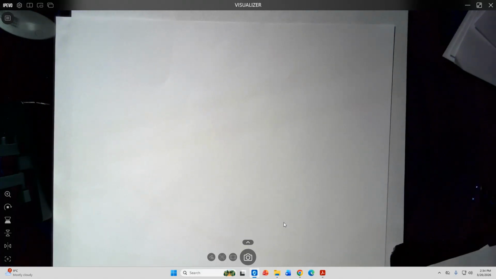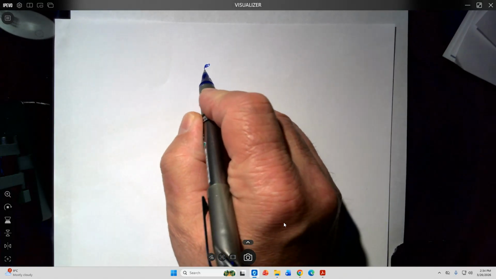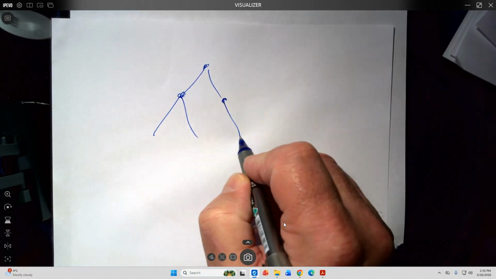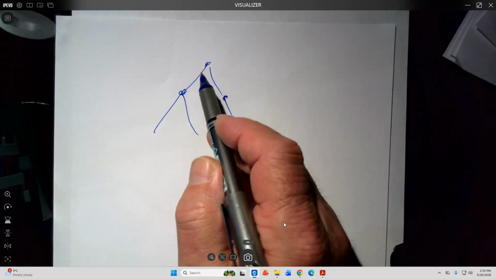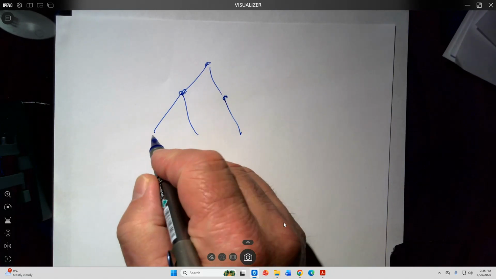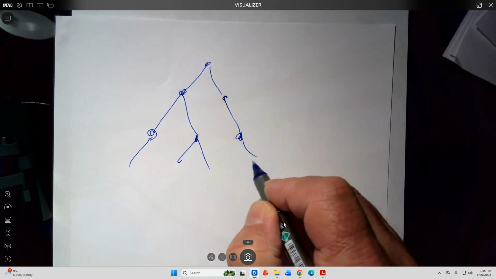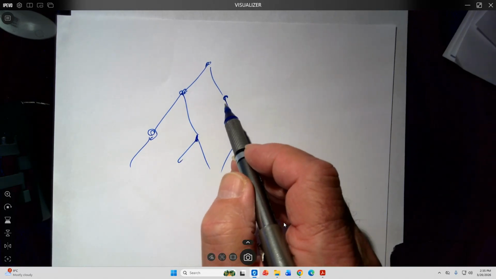This is a binary tree, because it has at most a branching factor of 2. But it might do something like this, and because of that, it is not a full binary tree.